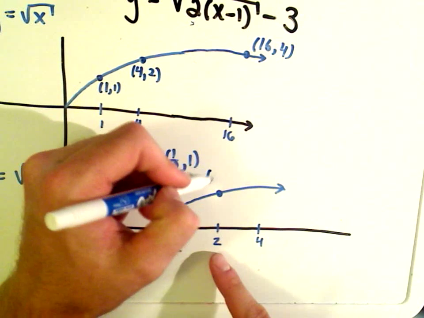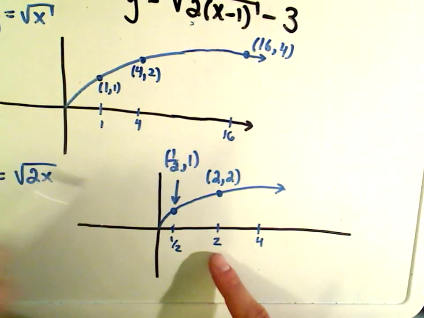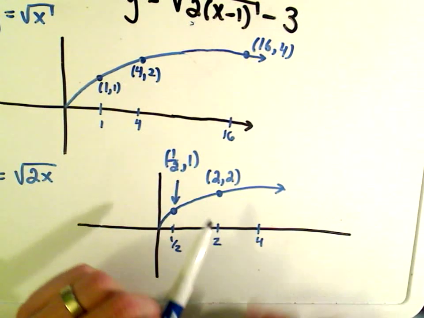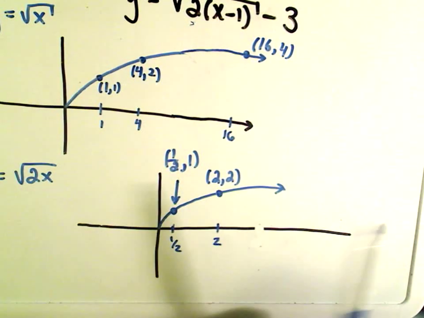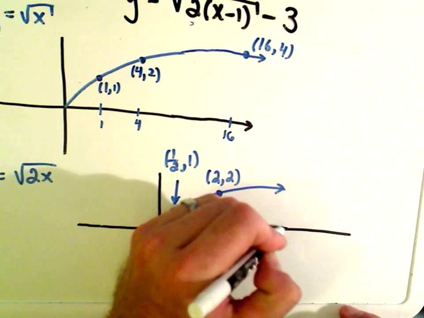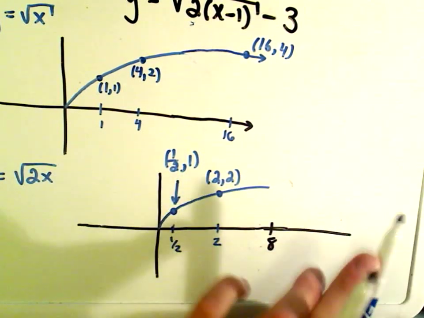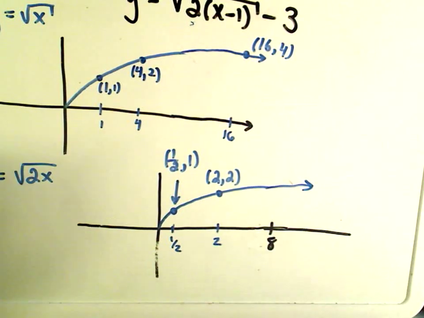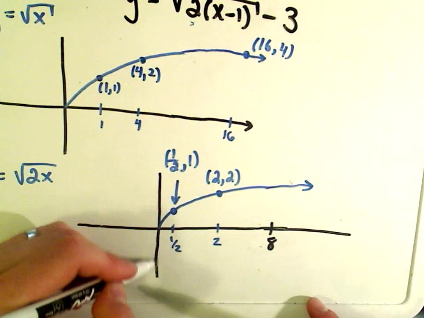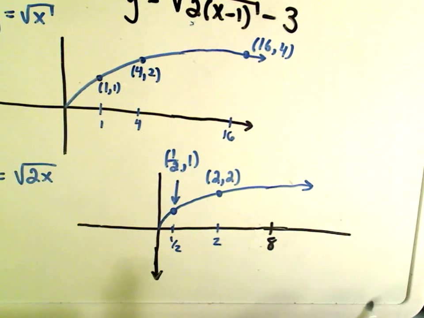Now at 2, I'm going to be at a height of 2 units. I think I did my math wrong here, right? How about we divide 16 by 2 and get 8? Sorry out there in internet land, it's early when I'm making this video.